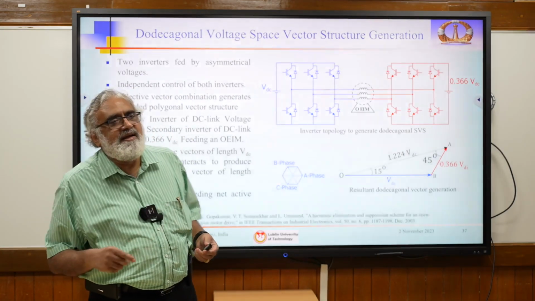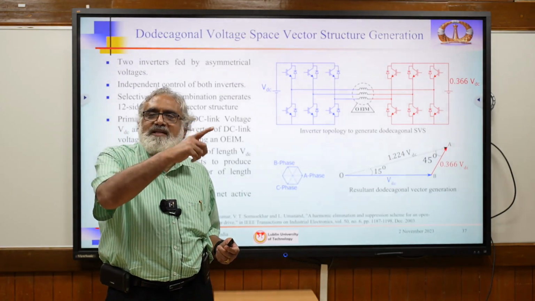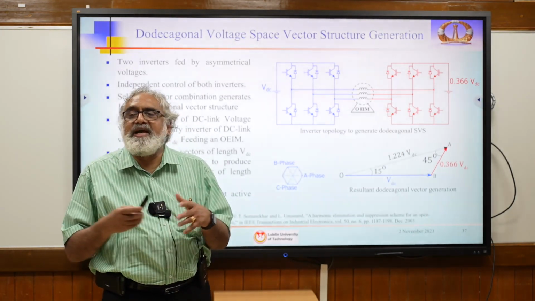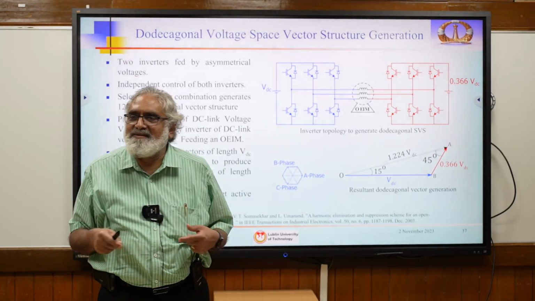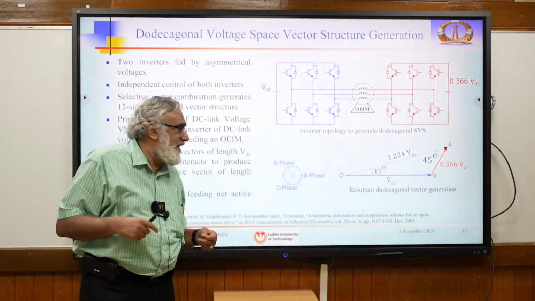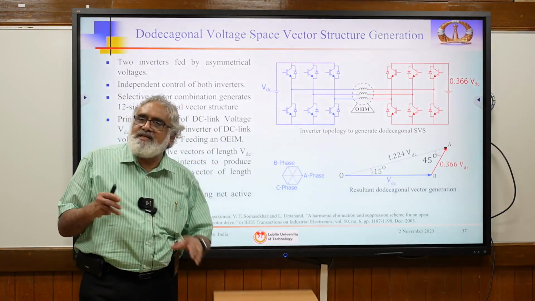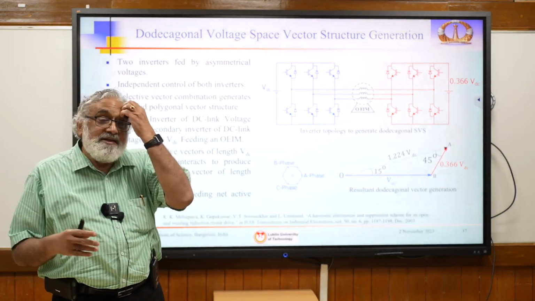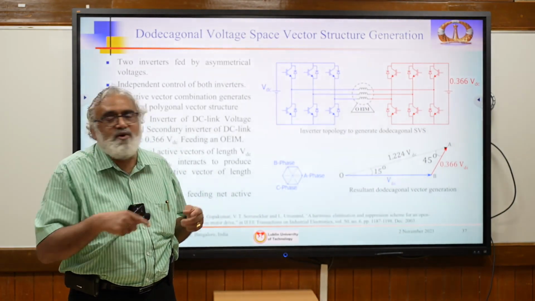He first drew the space vector structure. If you feed from 2 sets of ABC windings by 311, you will get a 12-sided structure. So instead of a hexagon, a 12-sided space vector structure is close to a circle.